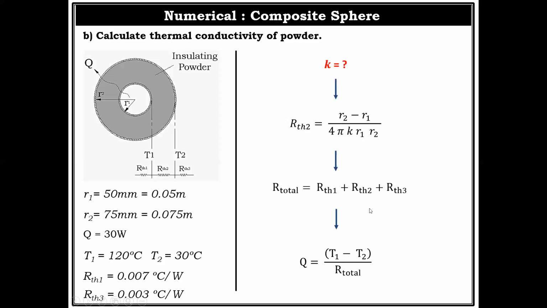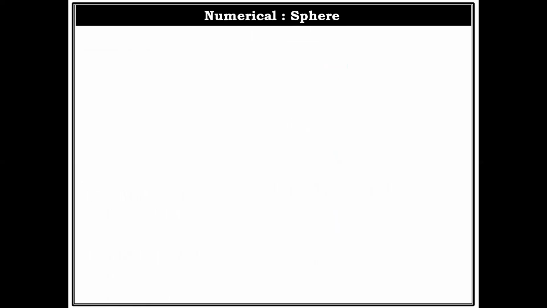If we get the R thermal 2 value, then we put it here and obtain the value of K. That will be our answer. So this problem is possible to solve. I will leave the calculation work to you. Just go through this numerical and find the exact value. Now, another numerical on sphere.